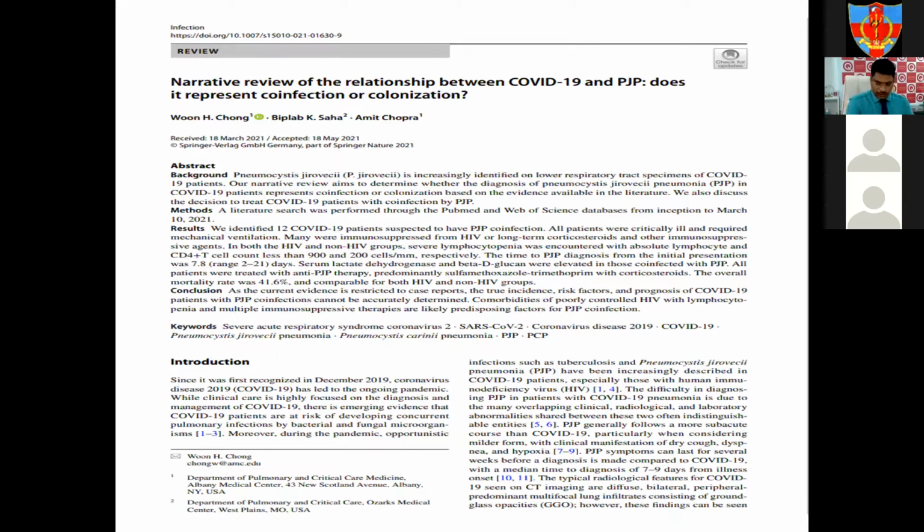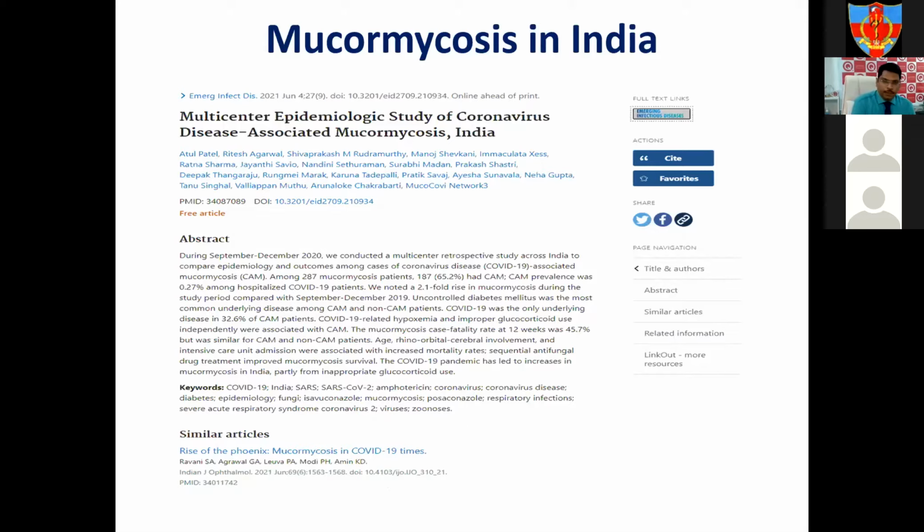Now coming to the recent data on mucormycosis in India, this is a relatively new phenomenon which has gained public importance and awareness in news media and other media, the black fungus, with all the scary figures and scary clinical pictures, and it has become very alarming to the general public at large.